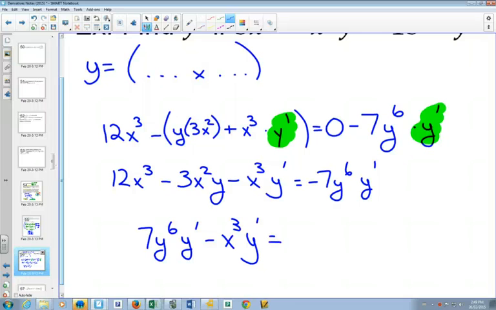And I personally like using dy dx in this case because it really looks different. The y prime sometimes looks like a y to the 1, and it can get a little bit harder to see. But since this question used y prime, that's what we're using. I'm going to move the 3x squared y over to the other side and the 12x cubed over to the other side.